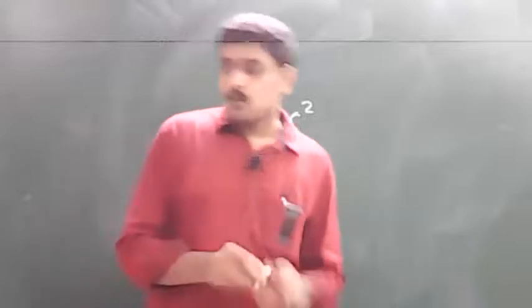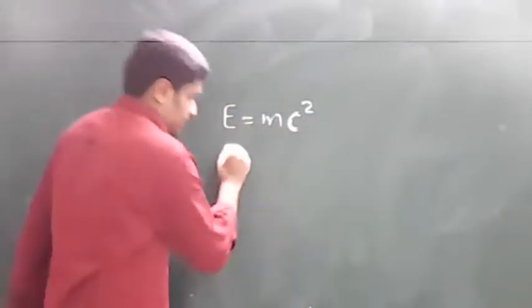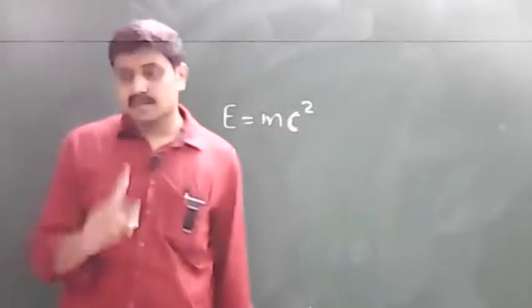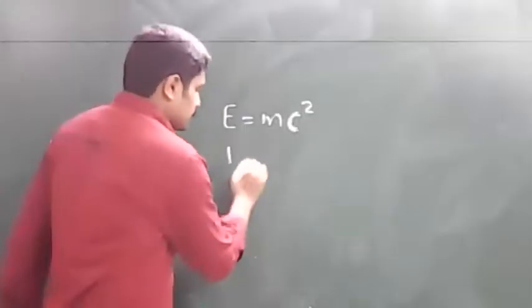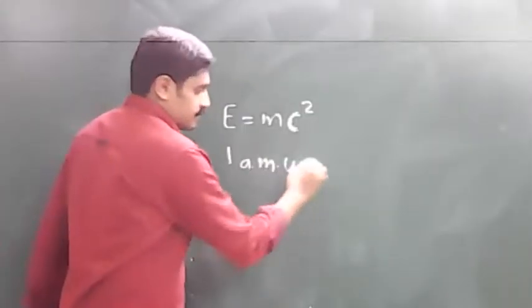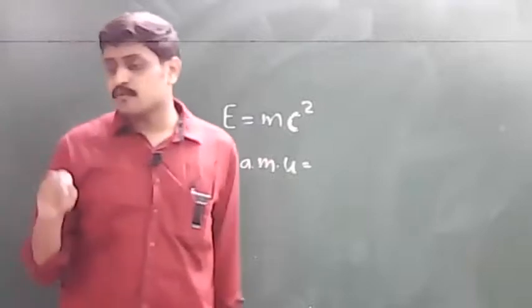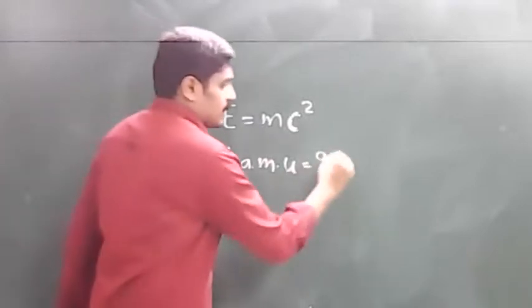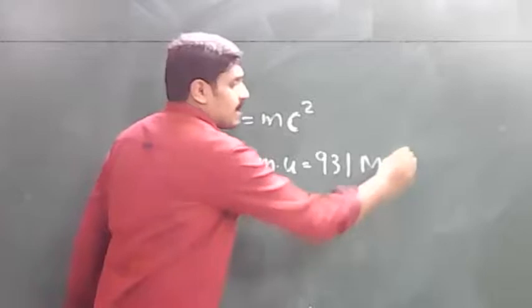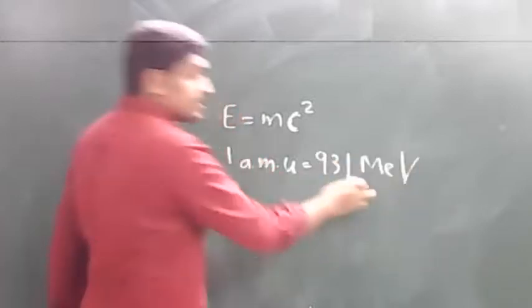One AMU, one atomic mass unit of mass, equals 931 mega electron volt. So it's a big number.